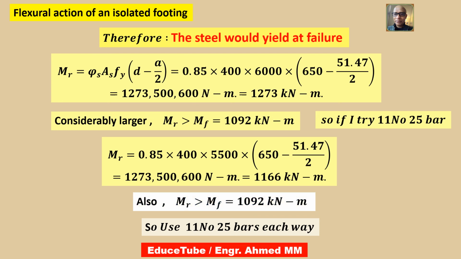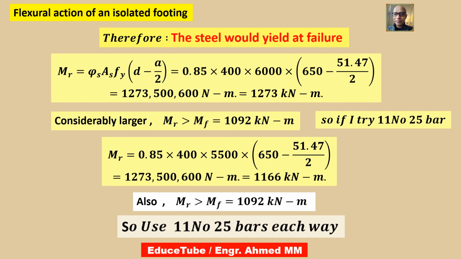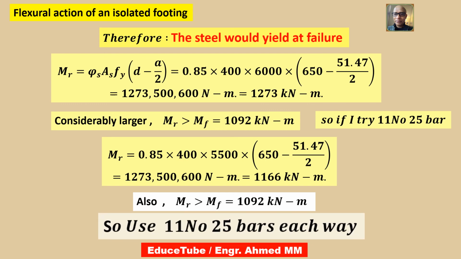Still it is greater than Mf. So we are okay, because MR is still greater than Mf. So we can use 11 number 25 bars each way, in each direction on the footing. So it is perfect to use this. What we found is 11 number 25 bars each way.